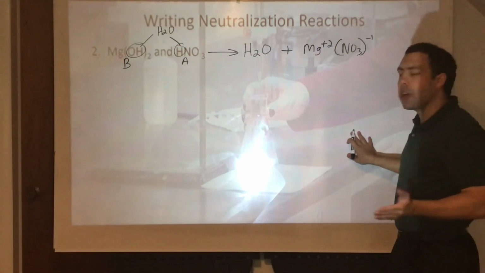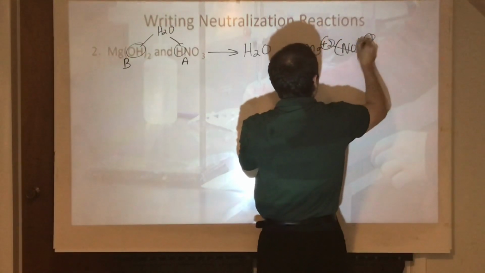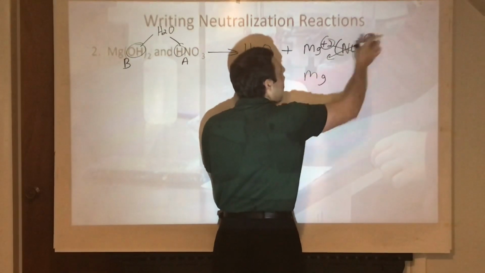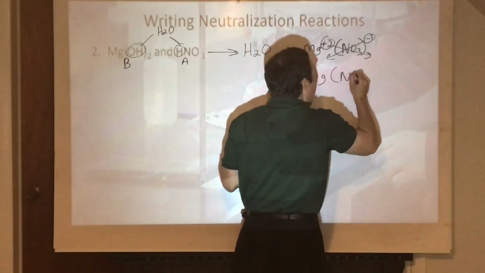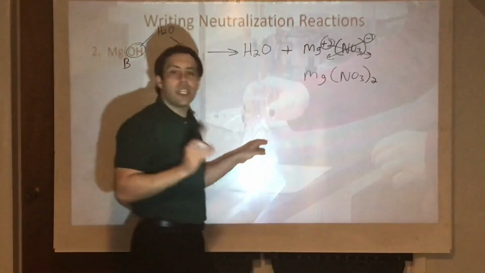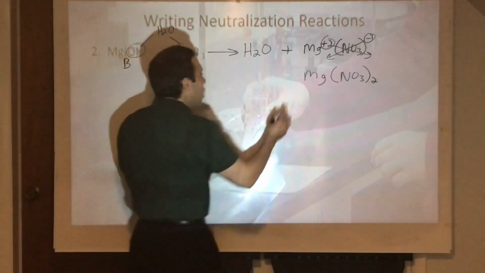When we crisscross drop swap for this equation, we get Mg1, we don't write the 1, Mg(NO3)2. Always put the polyatomic ions in parentheses. Let's finish rewriting.